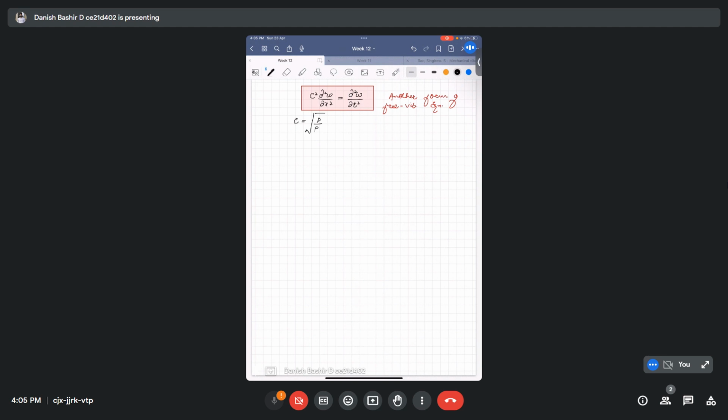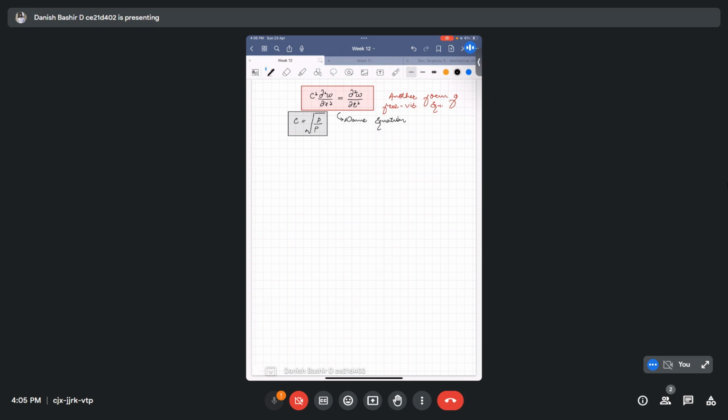This is known as the wave equation, the famous wave equation. In physics you would have studied this thing. Okay, we reduced the governing differential equation for a string.